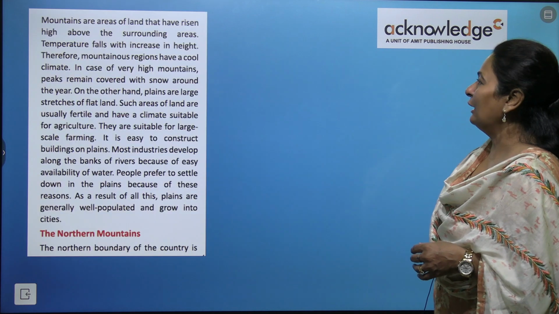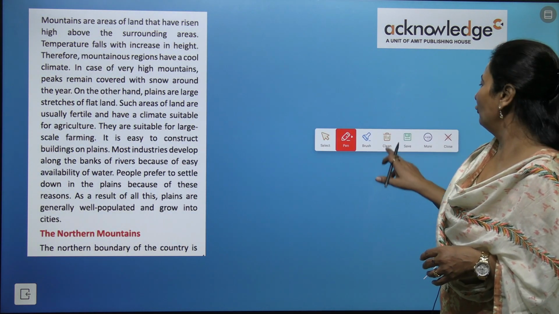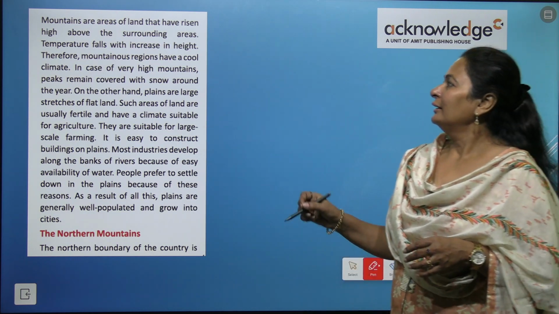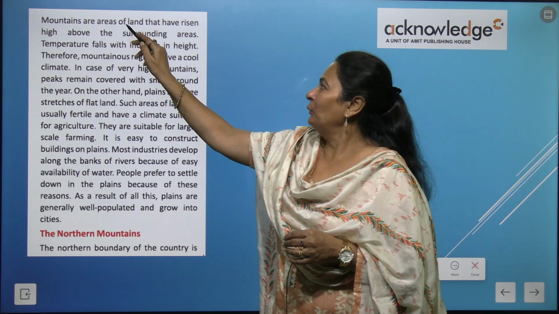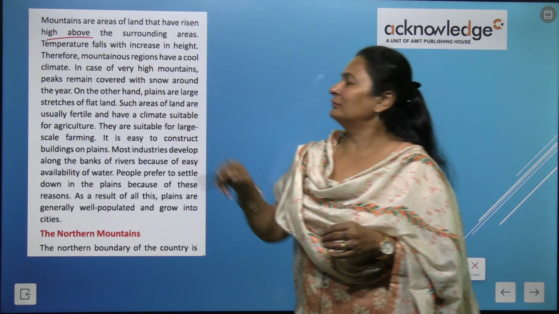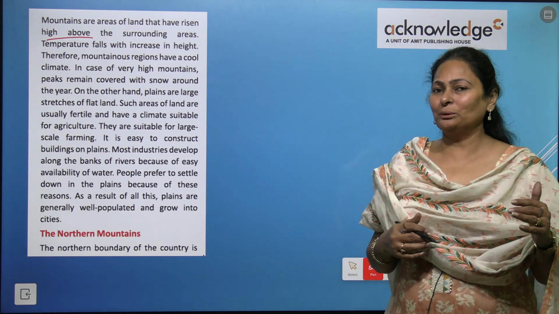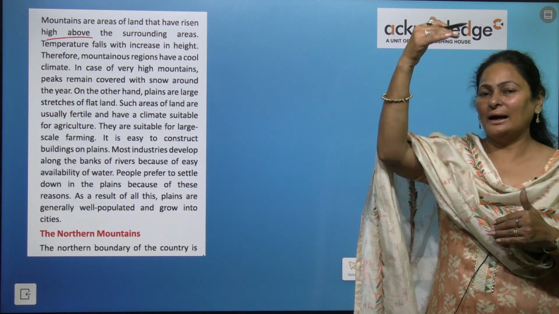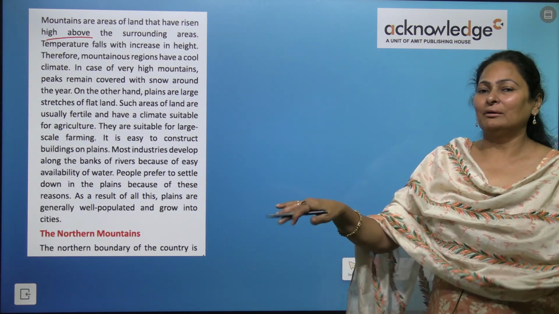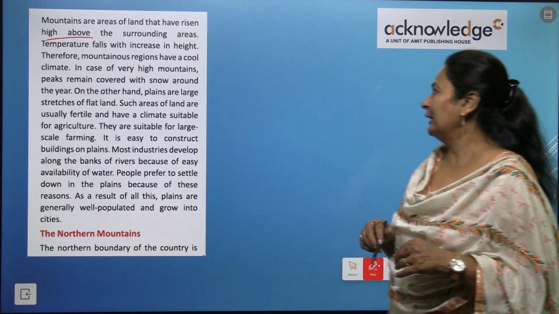So let's start with the chapter. Mountains are areas of land that have risen high above the surroundings. This land is highland. We know now highlands and lowlands. So mountains are the highlands, rising above the surrounding area.